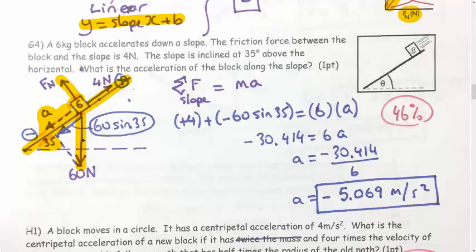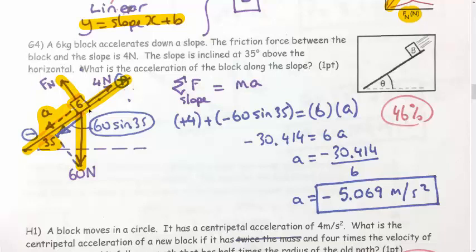I say, well, the sum of the forces along the slope. When you have an acceleration, always resolve your forces in the line of the acceleration and see if you can solve in one step.